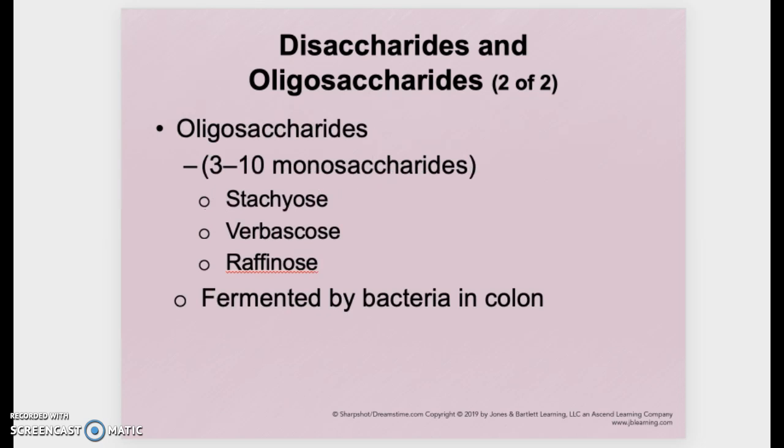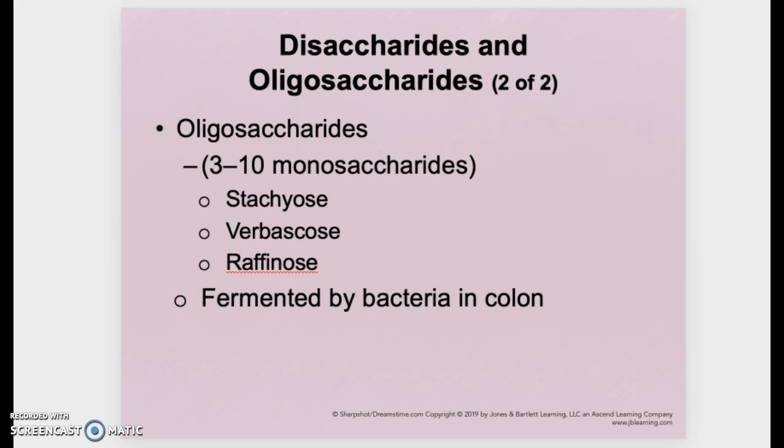All right, and with our oligosaccharides, this may be something you haven't necessarily heard of as much as your standard carbohydrates. But basically your oligosaccharides are a type of polysaccharide. They're listed here separately from the others because they're primarily fermented by bacteria in the colon, not necessarily digested and broken down in our digestive tract.